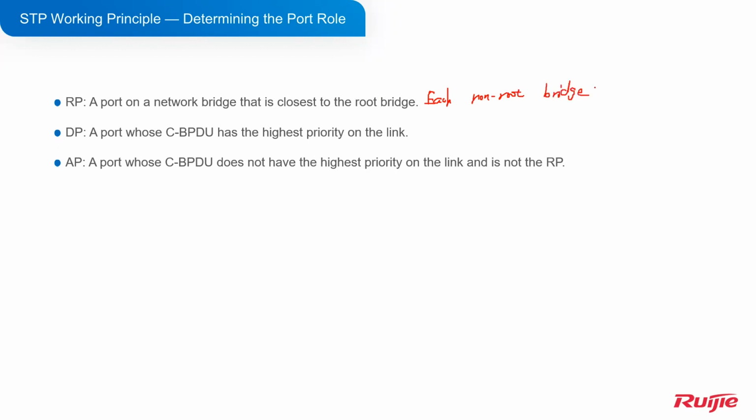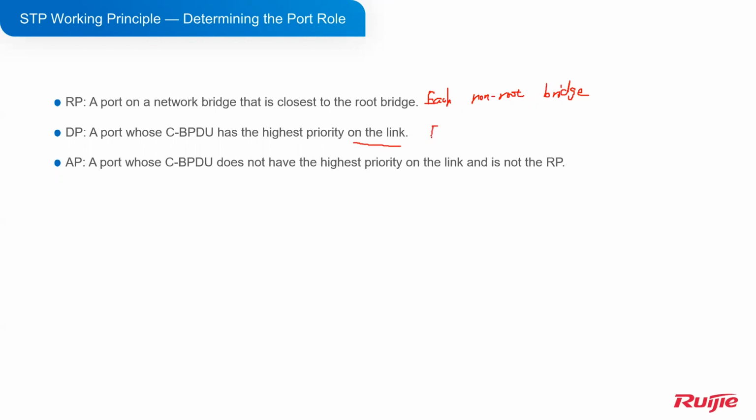Each non-root bridge should have 1 RP. To elect the RP, we just need to think about which port on this switch is closest to the root bridge. And the designated port is a port whose BPDU has the highest priority on the link. So it's different here.